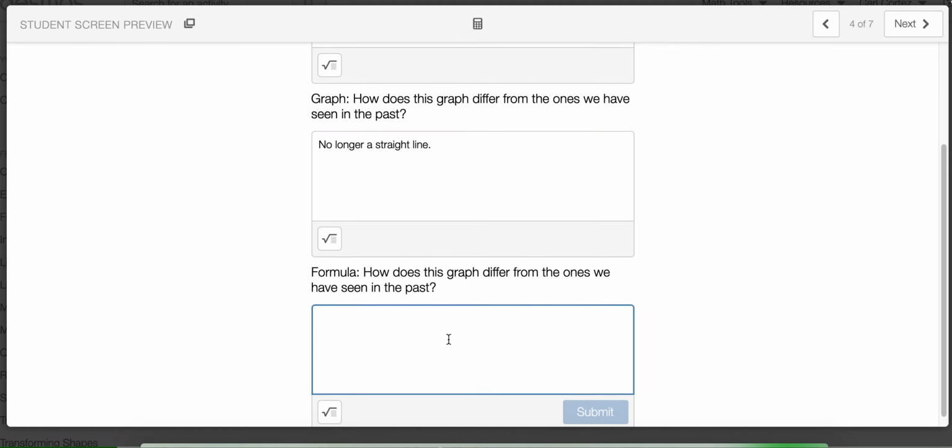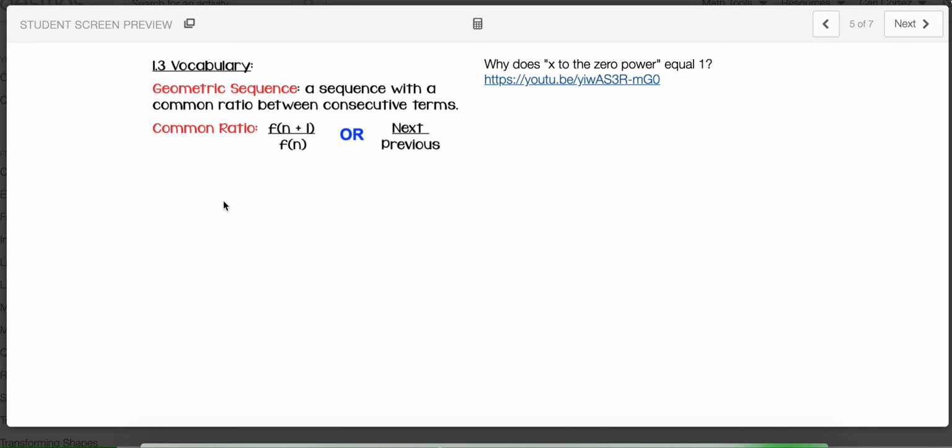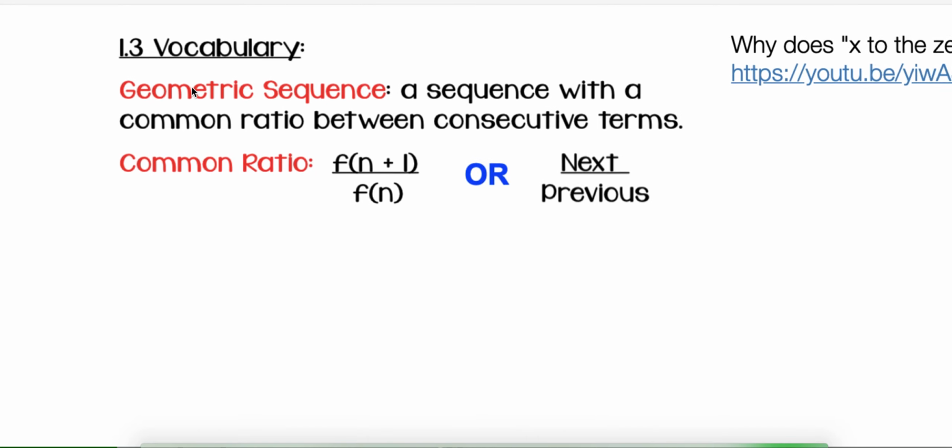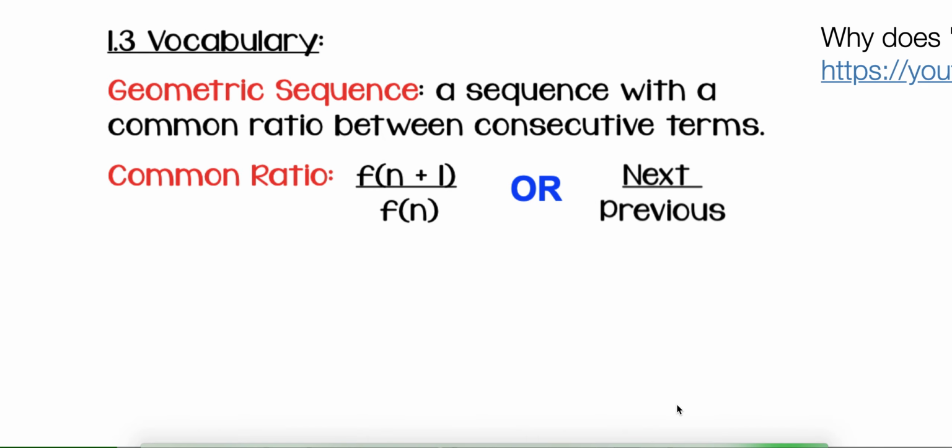For the formula, this now has exponents, whereas before, we just had linear straight lines. So, hope that helps. We see a geometric sequence, a sequence with a common ratio between consecutive terms.